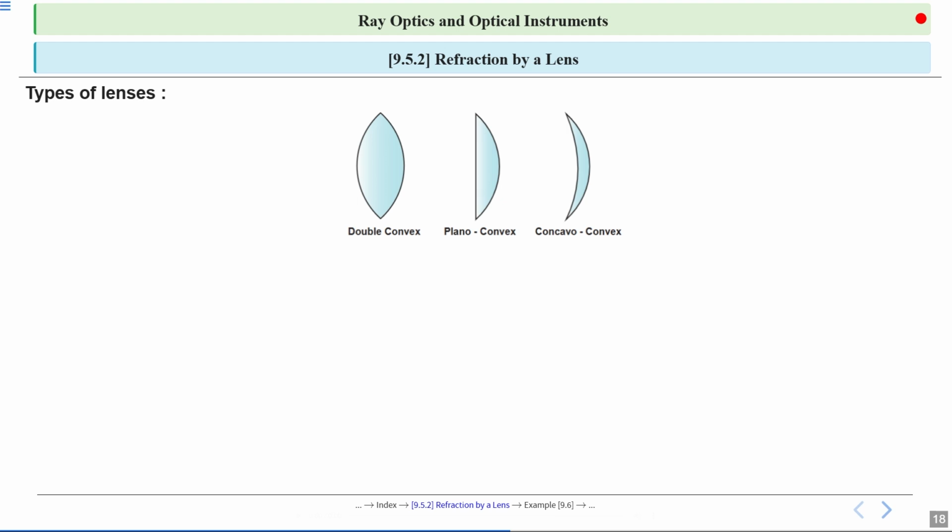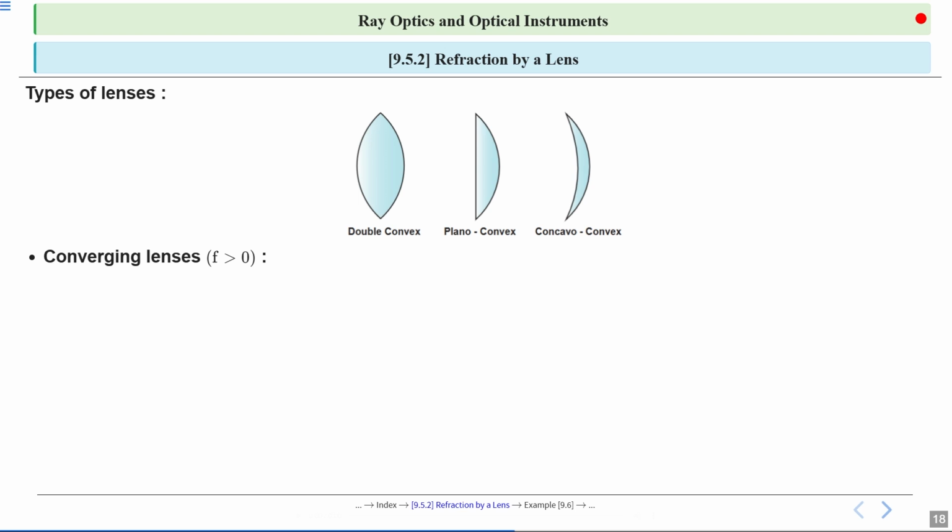Concavo convex lens: the first surface is considered to be concave, and the second surface is considered to be convex. So it is called concavo-convex.